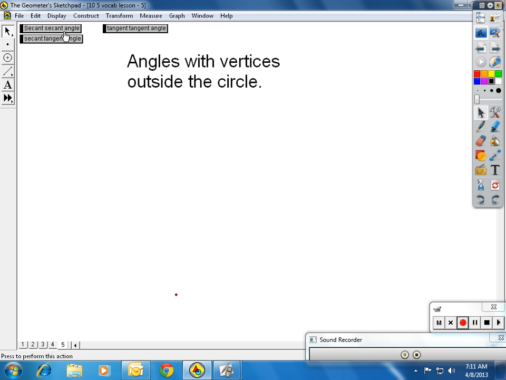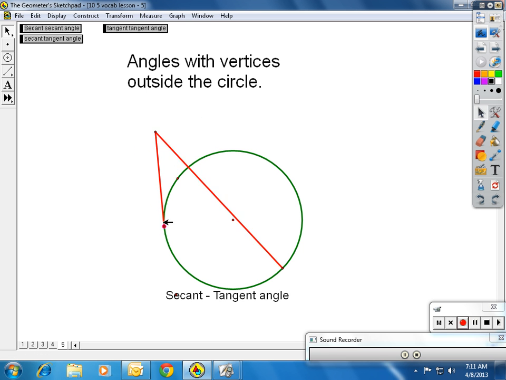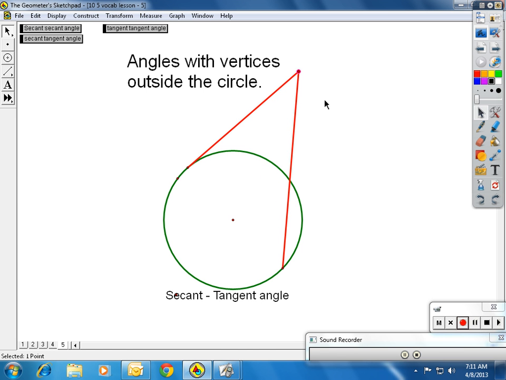Secant tangent. Can you imagine what that might look like? It's going to look like this, where one ray of the angle is a tangent. So this is always tangent, and the other one is a secant. So this is a tangent secant. You can see here what that angle can look like.